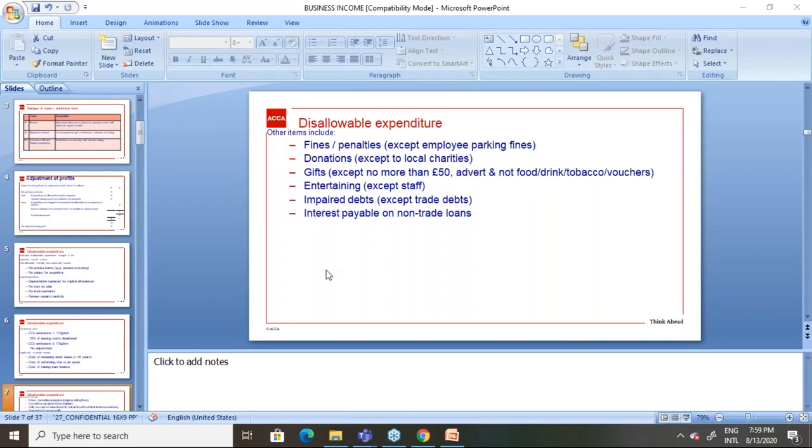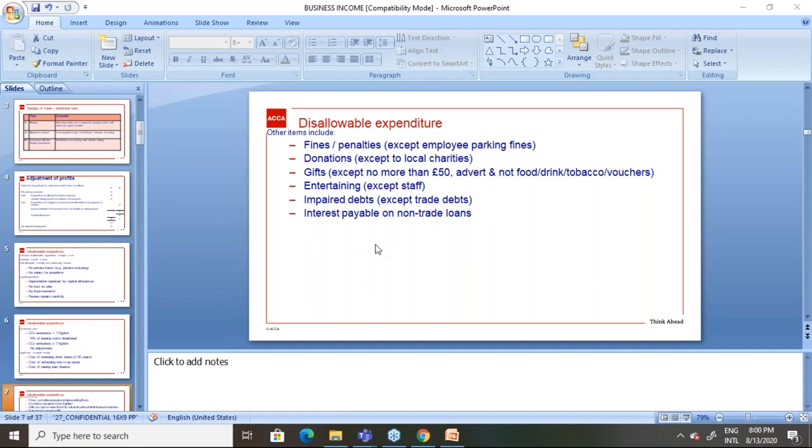Then on the other hand, entertainment cost. When it comes to entertainment cost, entertaining staff is an allowable expenditure. But when it comes to entertaining customers, not an allowable expenditure. Then impaired debts, that means bad debts.